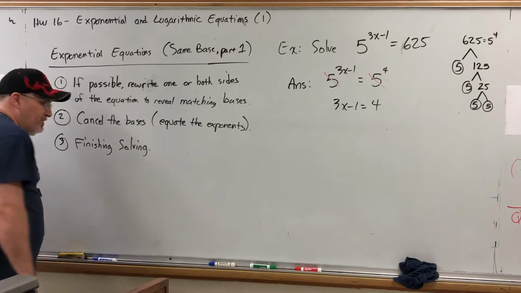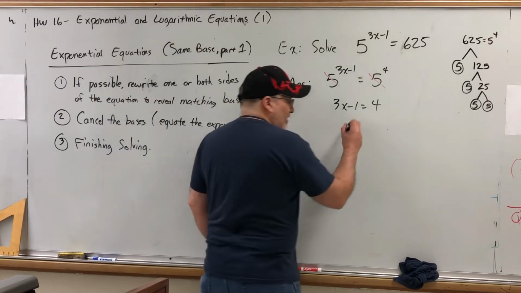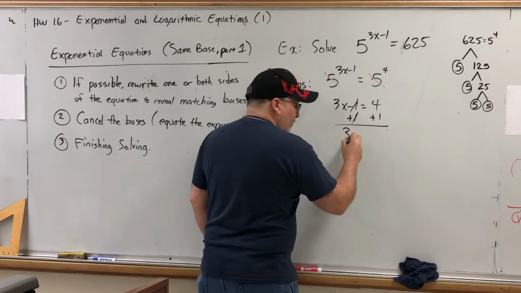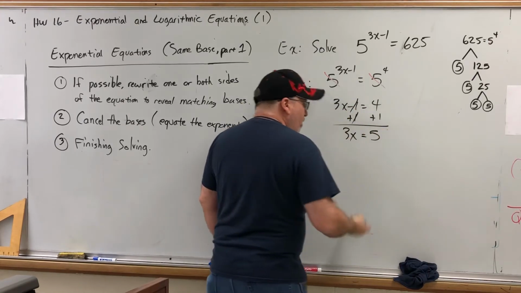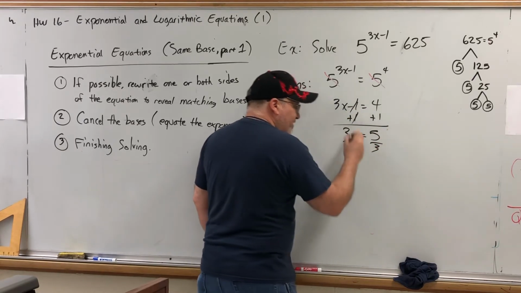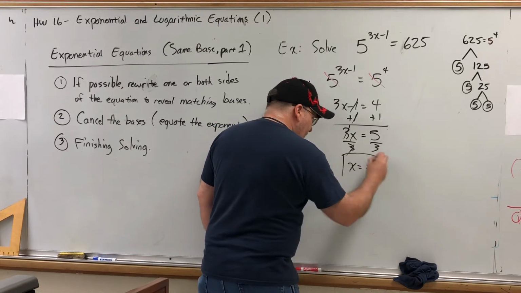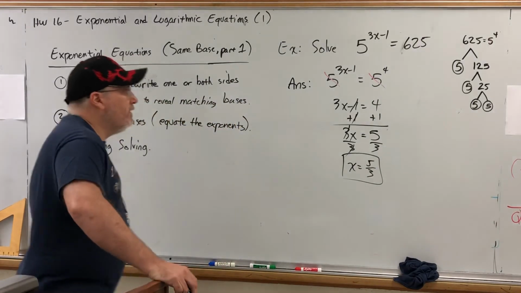Now be careful. This can be straightforward, it can be trickier. This one's straightforward. This is a linear equation. I just have to strip down the x by doing all the things I would normally do, like adding 1 to both sides to get rid of the minus 1. Or dividing both sides by 3 to get rid of the times 3. Oh no, we got a fraction. Big deal. You're in college, deal with it.